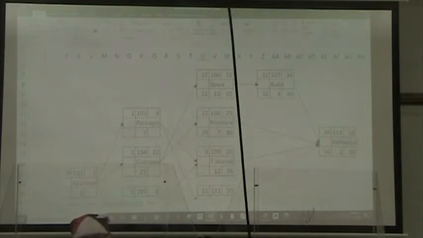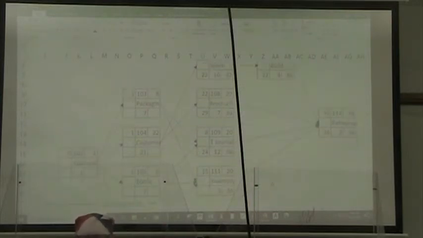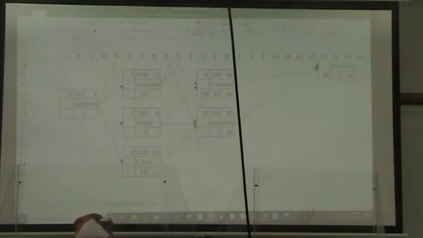Obviously, it's all going to go the same way up and down the line. Equals our late start time minus our duration. And equals our late start time minus our duration. All right, so that's pretty easy.